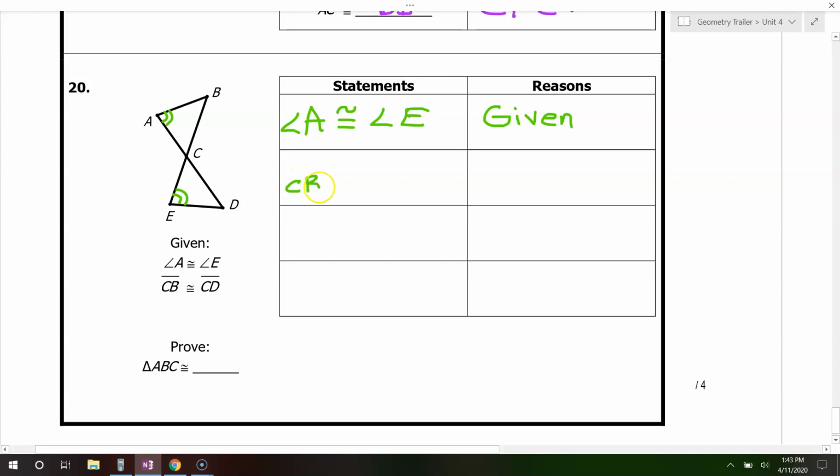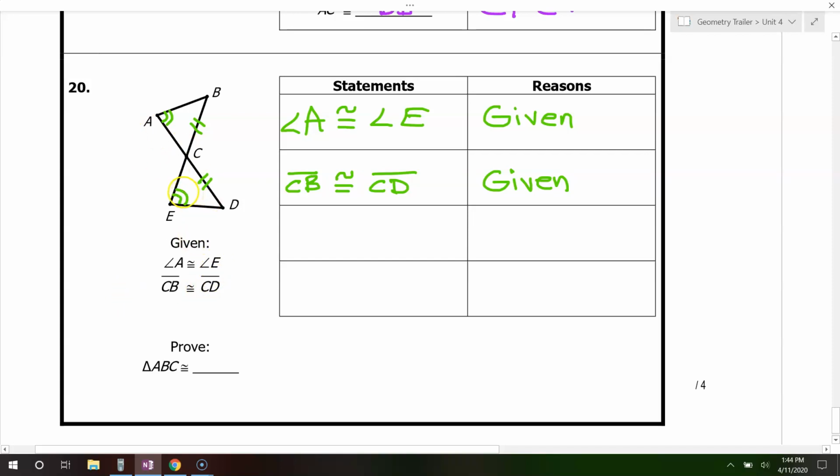Segment CB is congruent to segment CD. Okay, another given. All right. Okay, CB is congruent to CD. All right, that's it for the given.